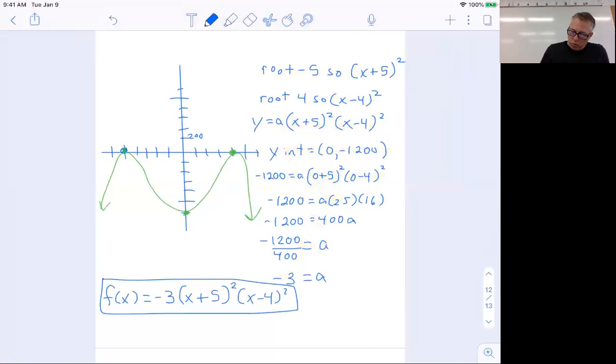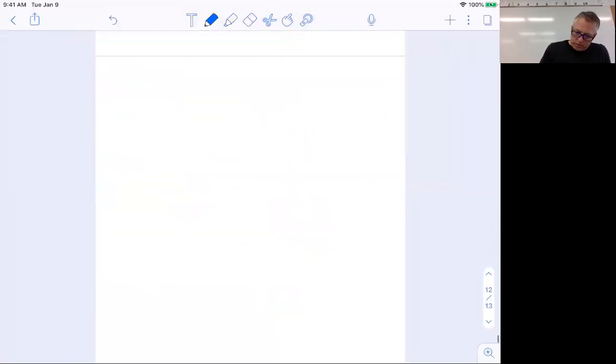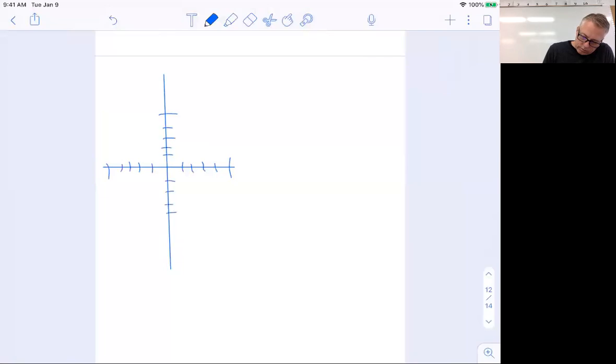All right, I'll do just one more. So let's make a XY graph here. And I'll just go 5 in each direction. And let's have a root at 2.